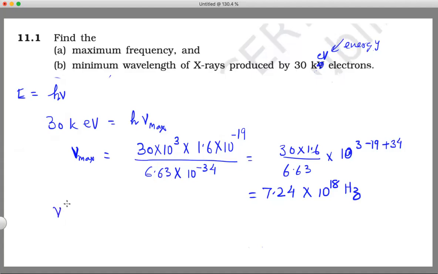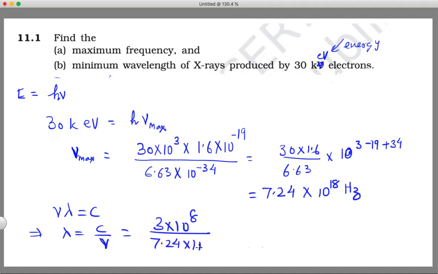Lambda is equal to c. Very good, right? So lambda is equal to c by nu. So 3 into 10 raised to power 8 divided by 7.24 into 10 raised to power 18.